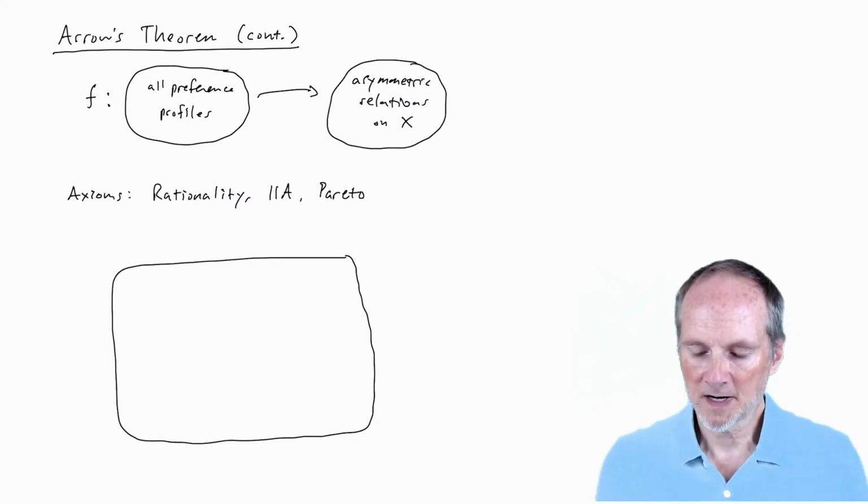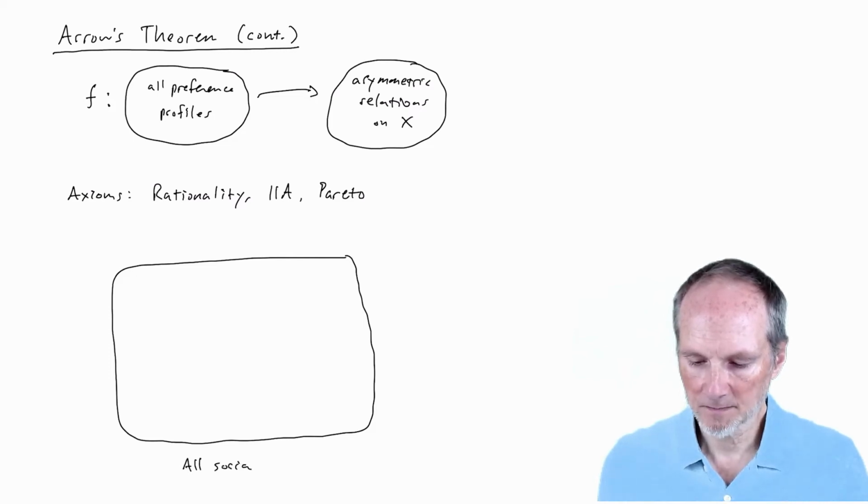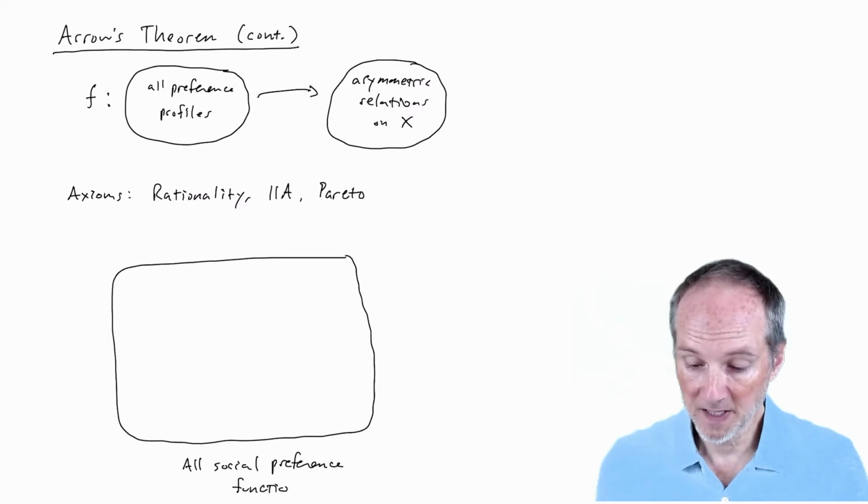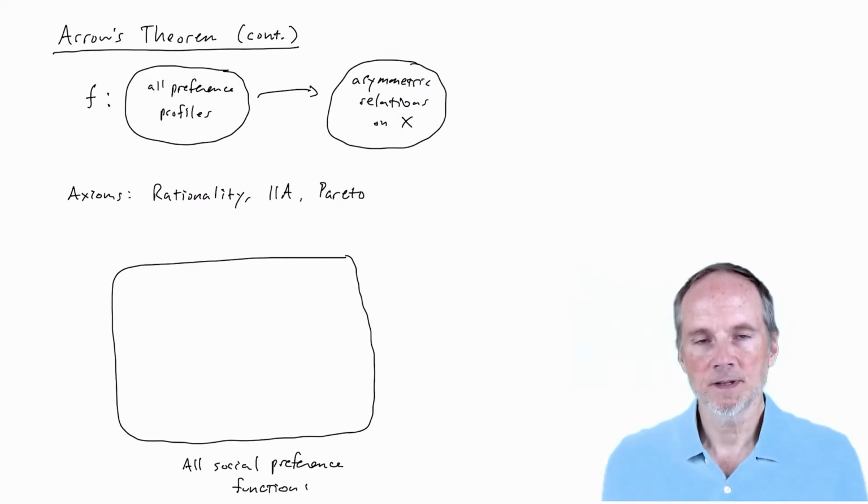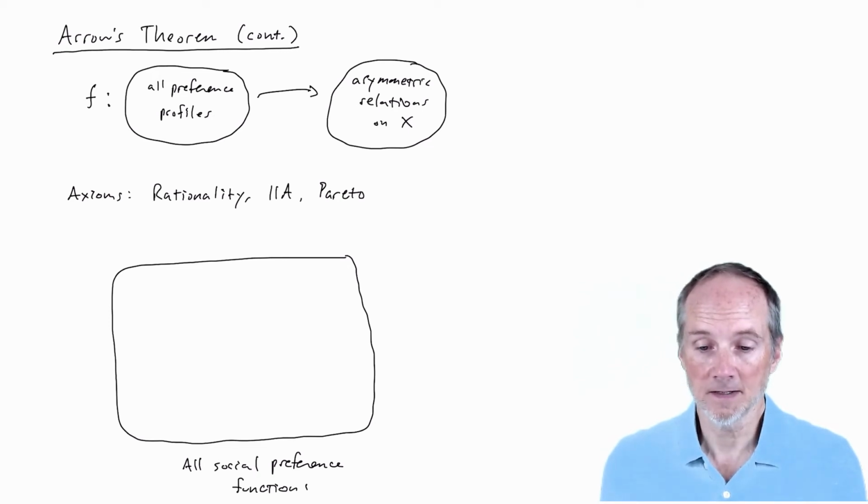This blob that I just drew, I want you to think of that as all social preference functions. Right, so it's a set, it's a big set. Majority rule is in there, Borda is in there, any other voting rule that just relies on individual rankings to compute social preferences is in there, okay?